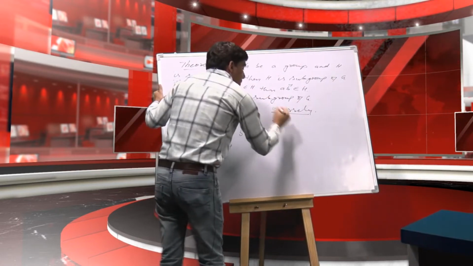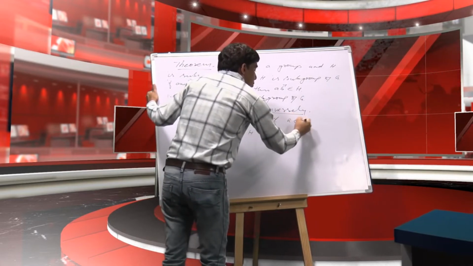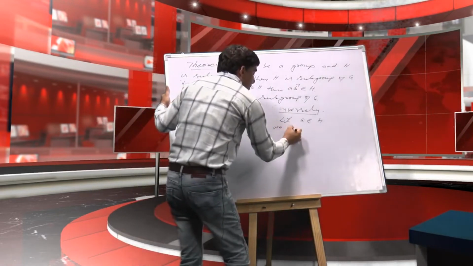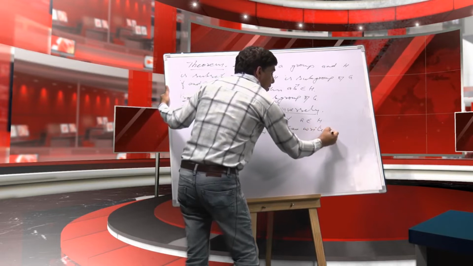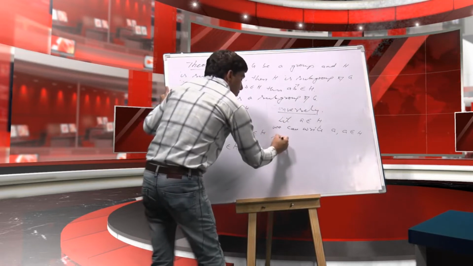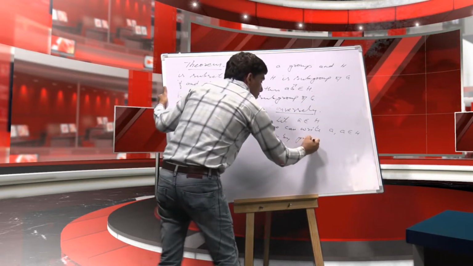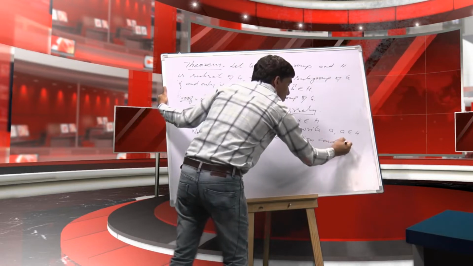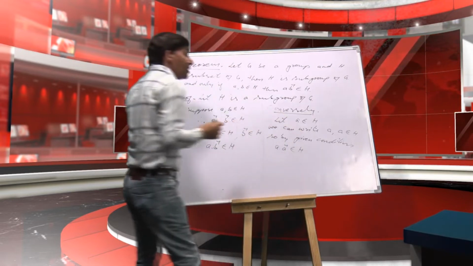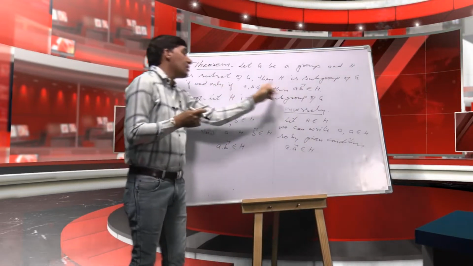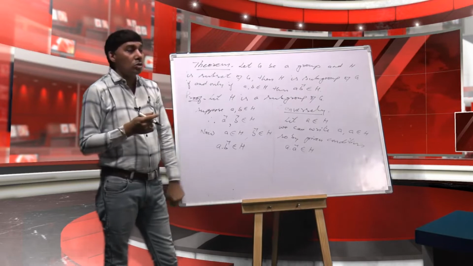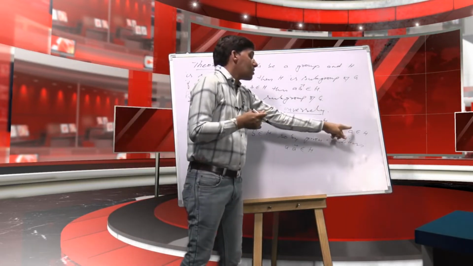Let a belong to H. By the given condition, a into a inverse also belongs to H, because it is given that if a, b belong to H, then a b inverse belongs to H. Here we replace b by a.